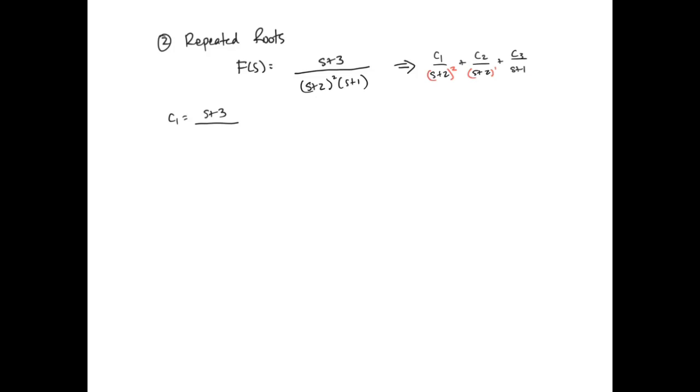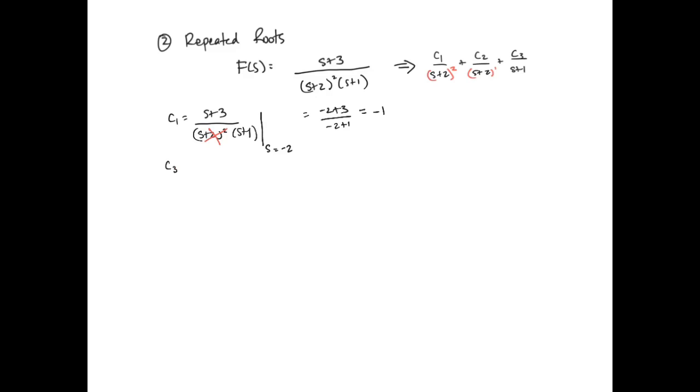So here you have s plus 2 squared times s plus 1, and you remove the denominator under the C1, so we remove this denominator and evaluate at s equals minus 2. This gives us minus 2 plus 3 divided by minus 2 plus 1, which gives us minus 1.